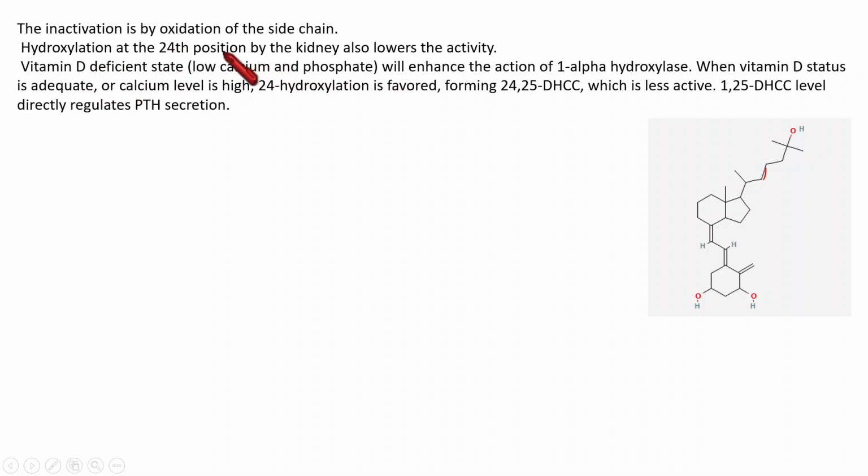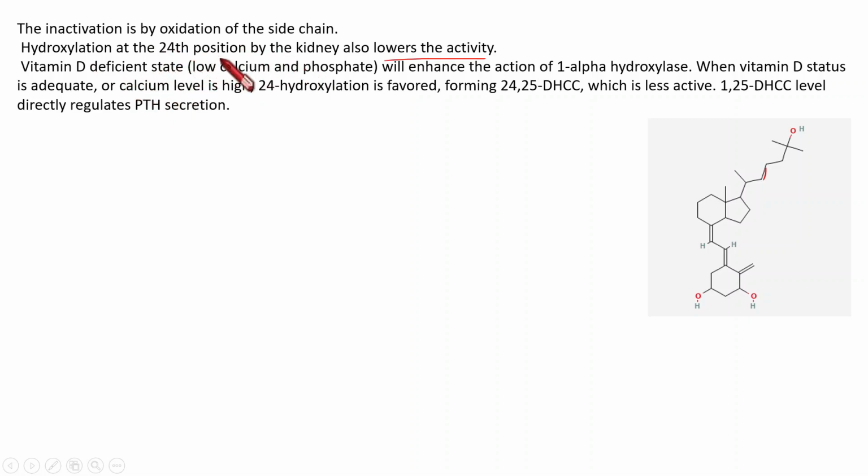And we have learned that in the biosynthesis pathway, instead of hydroxylation at the first carbon, sometimes the 24th carbon may get hydroxylated. And that also results in a type of vitamin D, but it has poor activity. Its activity is less when compared to our normal 1,25 DHCC. So at what time does this 24th position get hydroxylated?